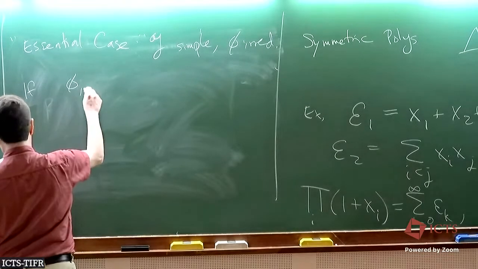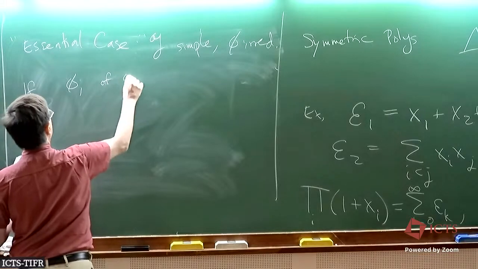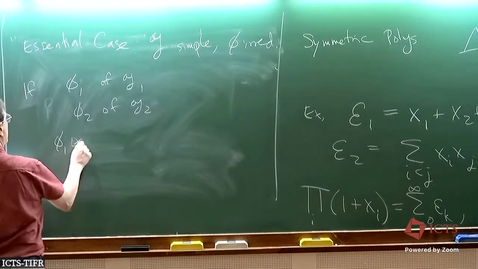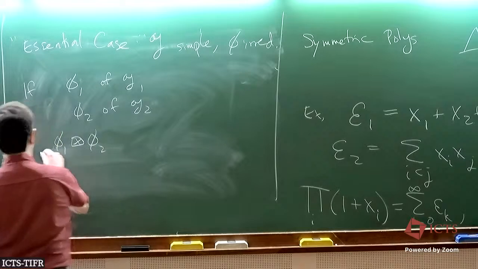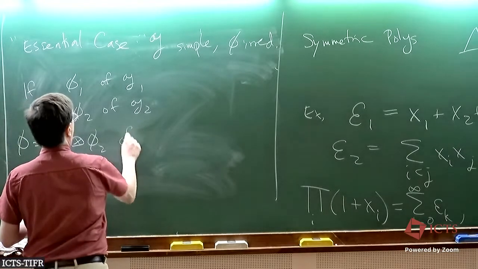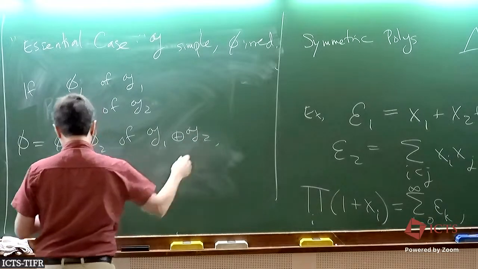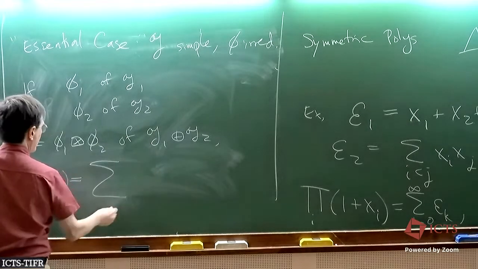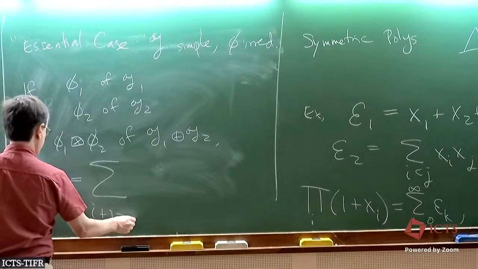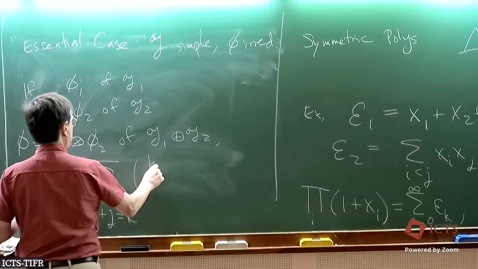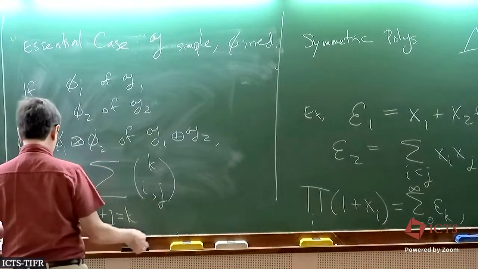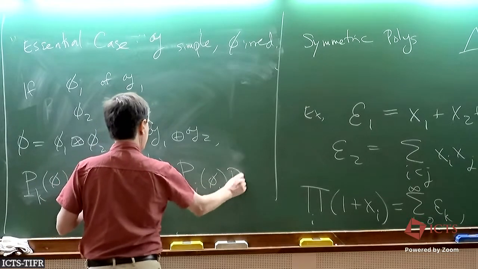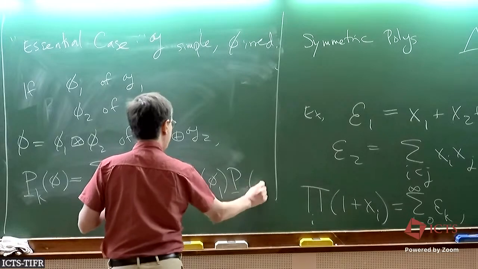Well, if phi1 is a representation of G1 and phi2 is a representation of G2, and I form the external tensor product, which I'll call phi, of G1 plus G2, then it's easy to see that the kth power sum for phi is a sum over i plus j equaling k of k choose i and j, p_i of phi1 times p_j of phi2.